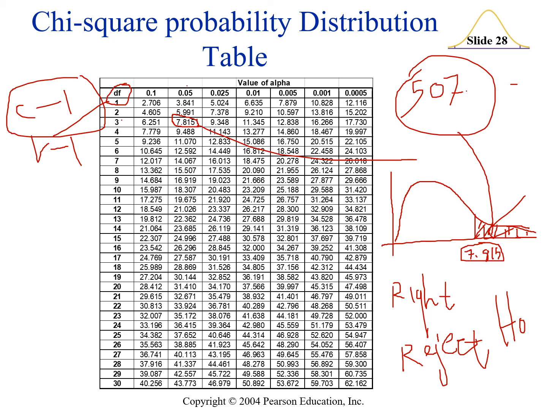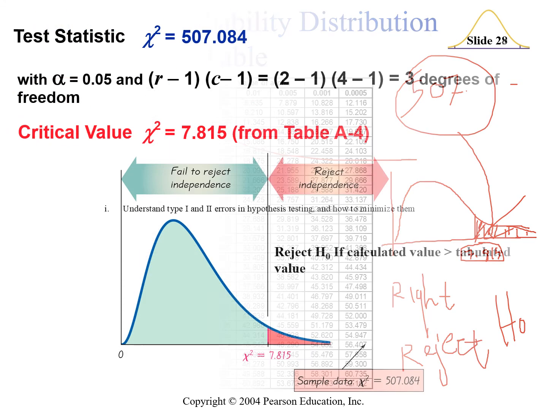Then identify the significance level, which in most cases is 0.05. The intersection between degrees of freedom and significance level gives you the critical value, which is used to separate the curve into critical and non-critical regions.